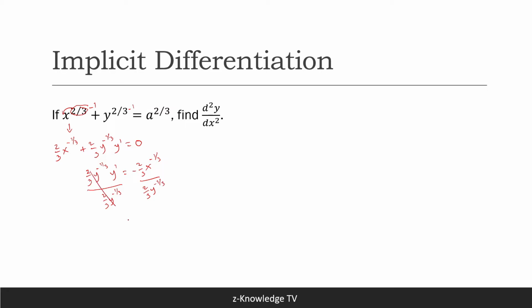Okay, then cancel na to. So, maiiwan is y prime is equal to, so 2/3 divided by 2/3, cancel na yan. Okay, so therefore, ang natira sa atin sa y prime is negative x raised to 1/3 over y raised to negative 1/3. Okay?